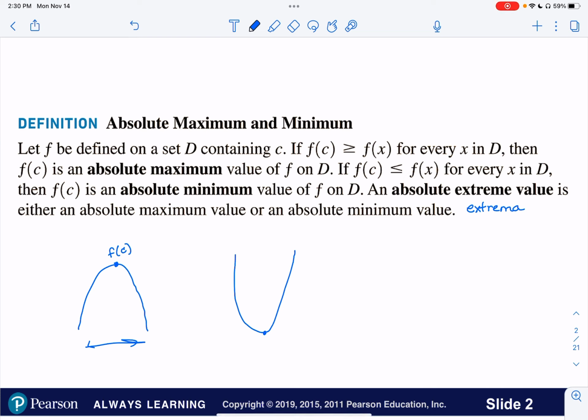So for the minimum, my f of C value, my y value, is less than every other y value that's there. Keep in mind this is defined on a set D, so I can set my domain and define where I want to be looking for my absolute minimum and maximum, or absolute extrema.